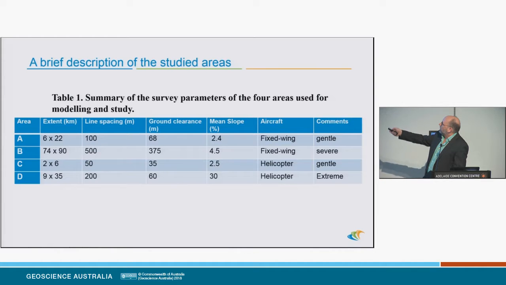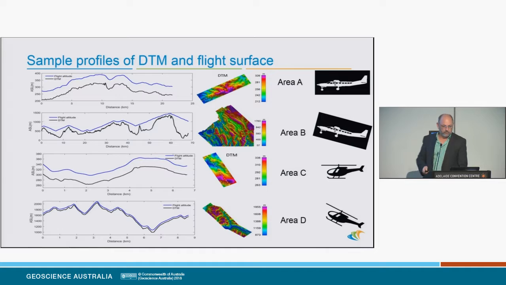This is the mean slope of the terrain, and you can see straight away that one of these stands out. This is the aircraft that was used, and this is our sort of classification. So for us, a slope of more than 4 is already considered serious topography. So a slope of 30 is very extreme.